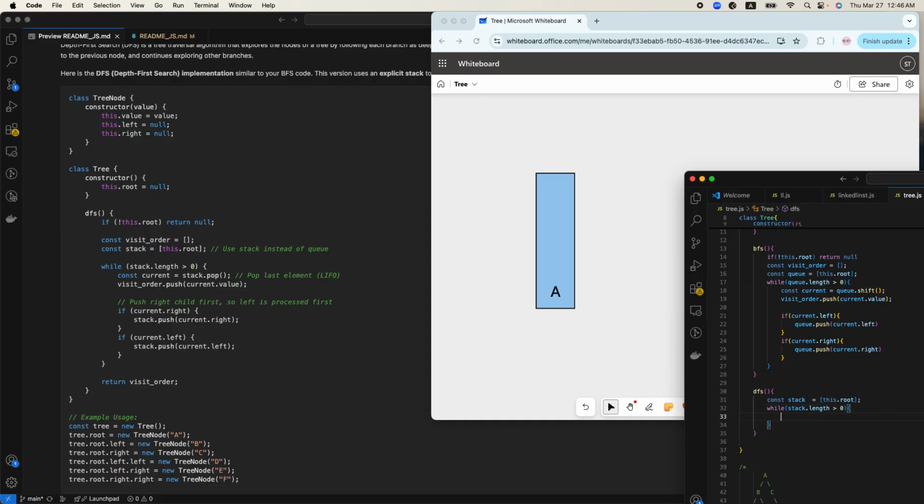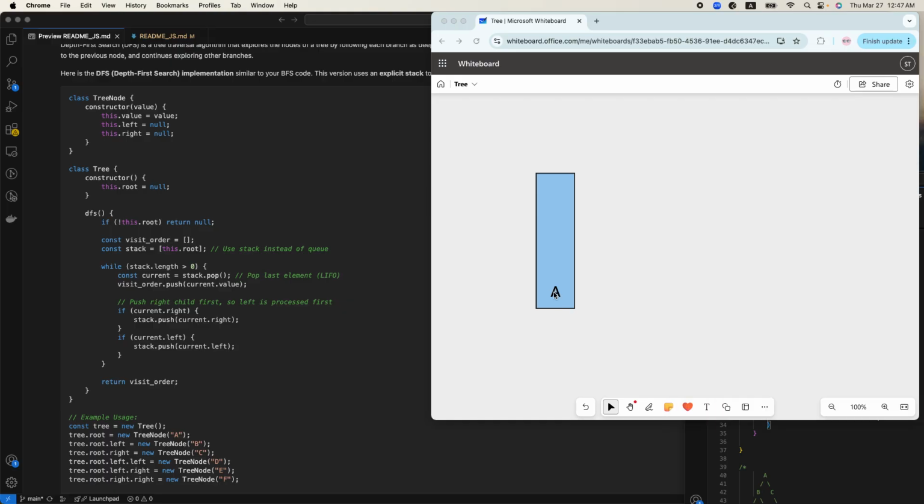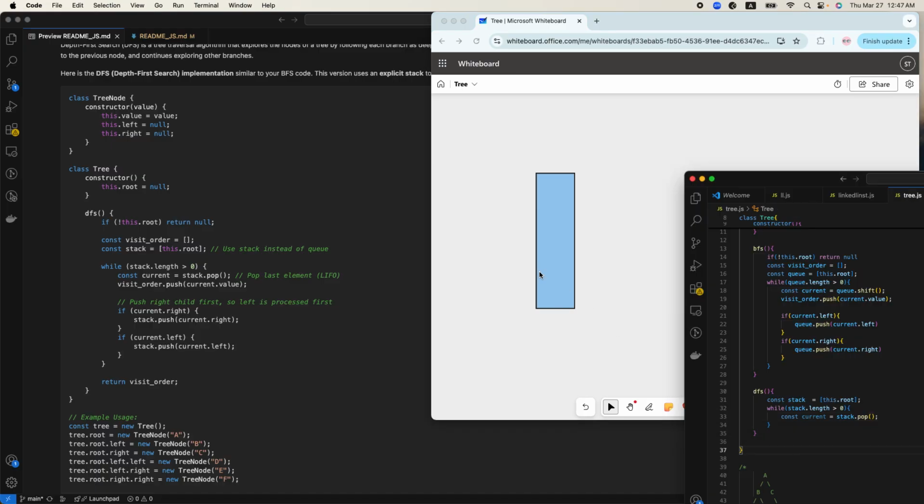Every time we remove the last node from the stack, const current equals stack.pop. We use the pop method to remove the last node from the stack, so we remove the one node that we had inserted. Once we remove that from the stack, we start processing it.